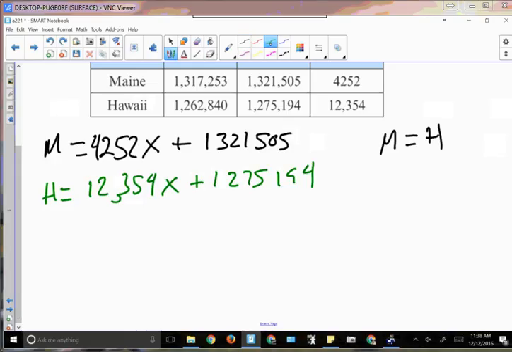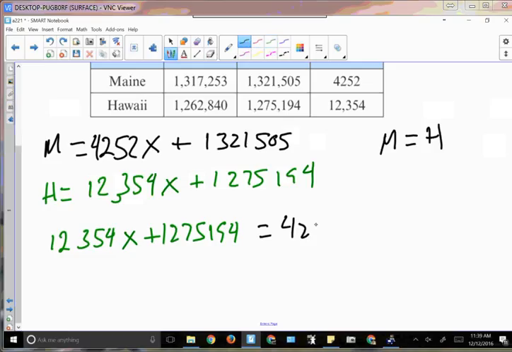Could I go and say that 12,354x plus 1,275,194, I want to know when that is going to be equal to 4,252x plus 1,321,505. Substitute one in for the other. So now we just go through and do the math.